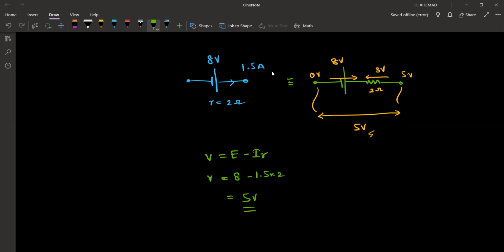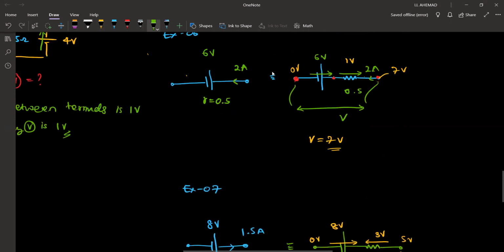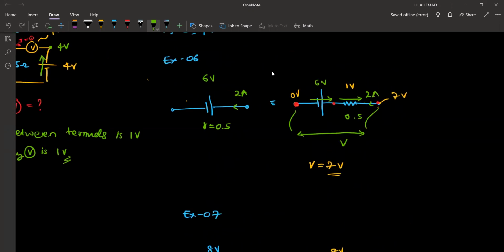Okay, so when current is in the same direction, this will be our equation: V is equal to E minus IR. But if current is in the opposite direction, the equation becomes V is equal to E plus IR.